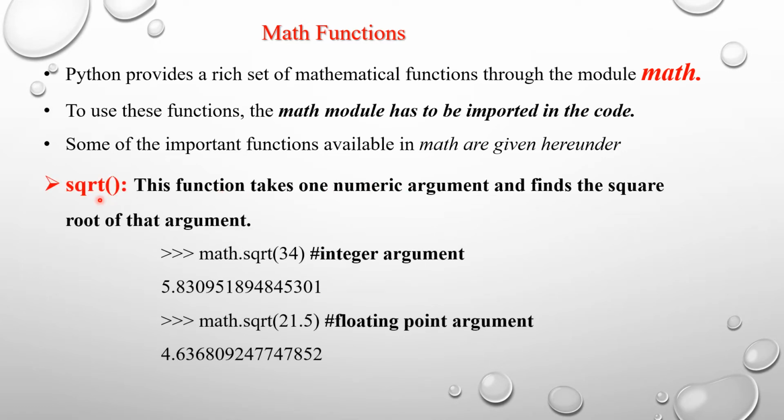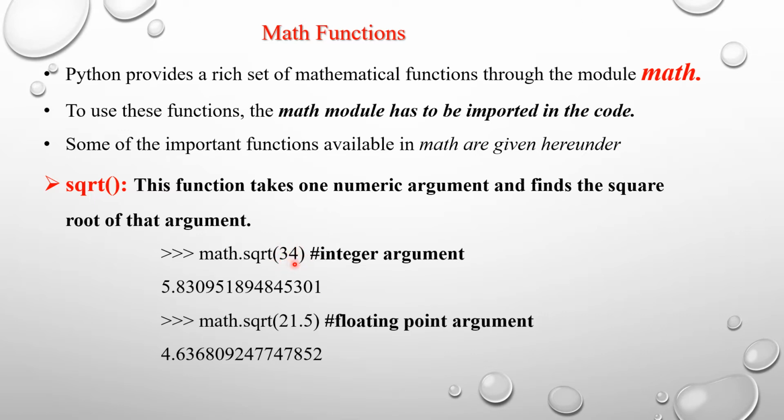The square root function is sqrt. This function takes one numeric argument and finds the square root of that argument. For example, math.sqrt(34).